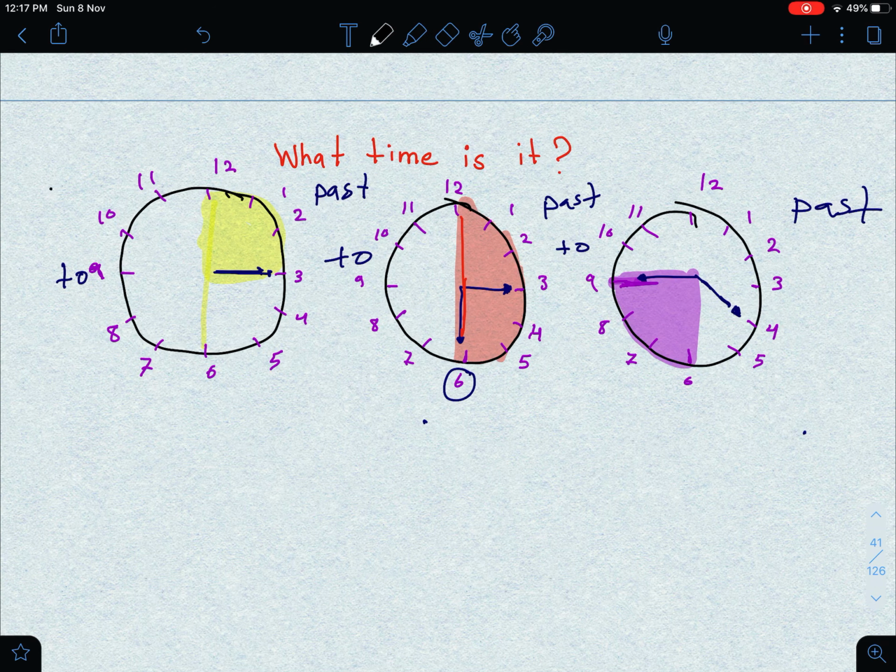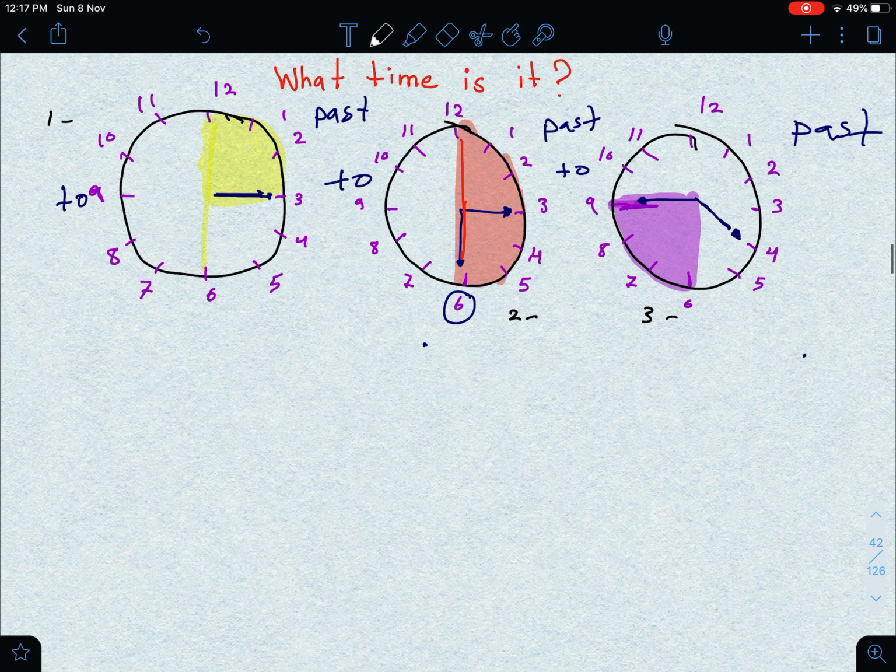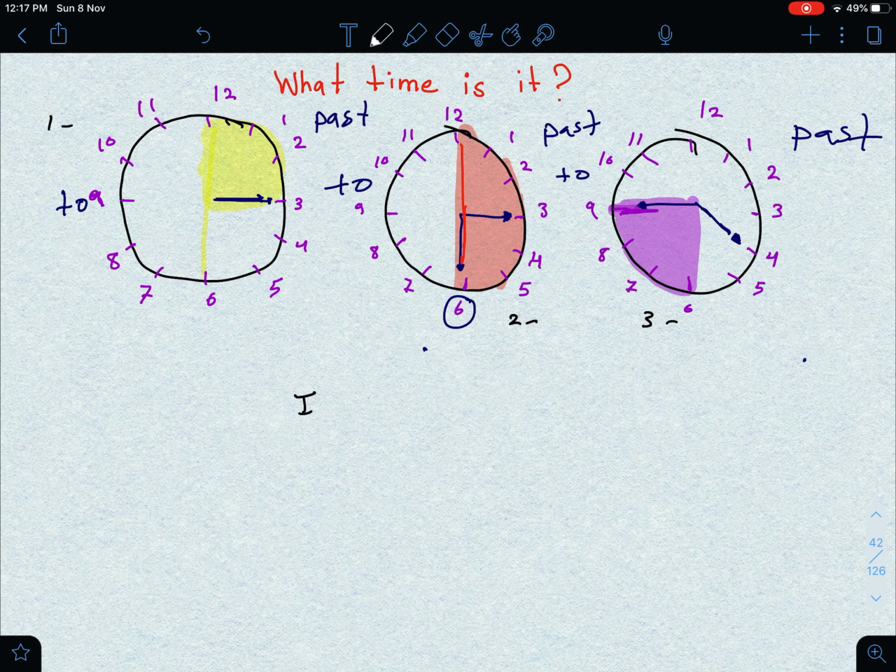First, I'm going to number the clocks. This is number 1, this is number 2, and this is number 3. Let's write the rule. What time is it? We say the minutes first, then either past or to, and then the hour. Now let's take a look at the first one. You start with the minute.